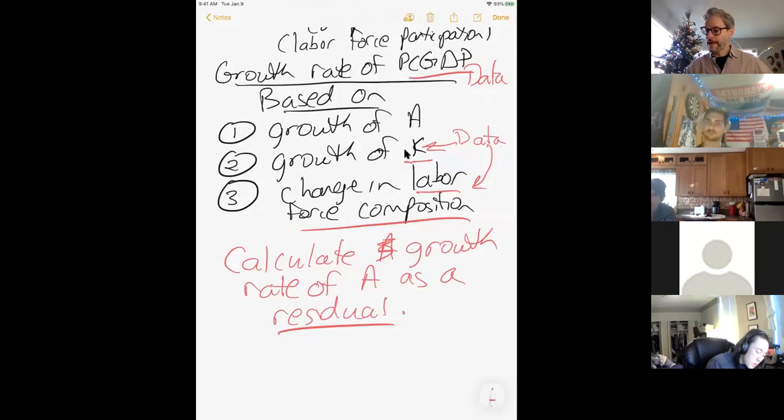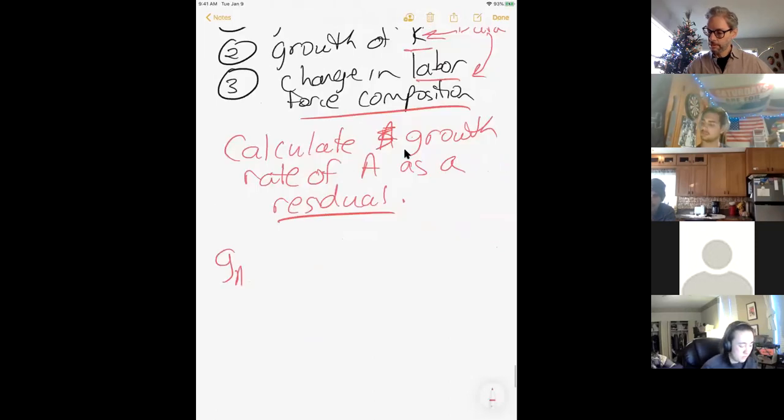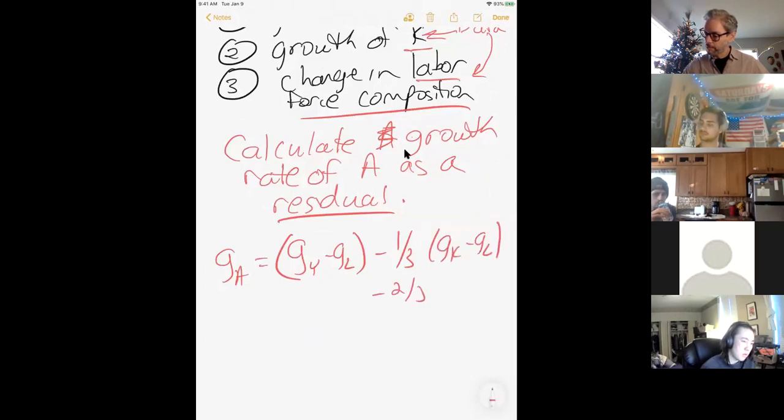So the growth rate of A here is just equal to the growth rate of output minus the growth rate of capital minus the growth rate of labor minus 2/3 the growth rate of labor force participation versus the growth rate of labor, right?